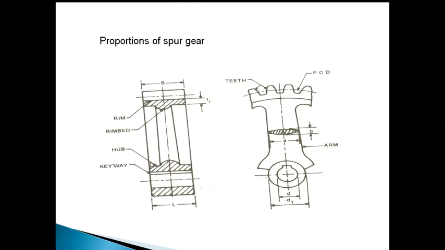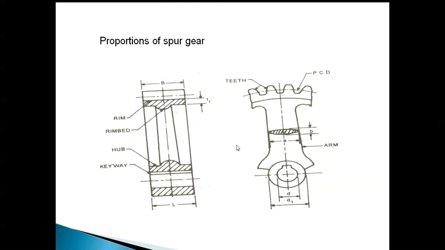So the arm or web will be below the rim. This thickness is equal to m into square root of T by 2n, where m is the module, T is the number of teeth and n is the number of arms.